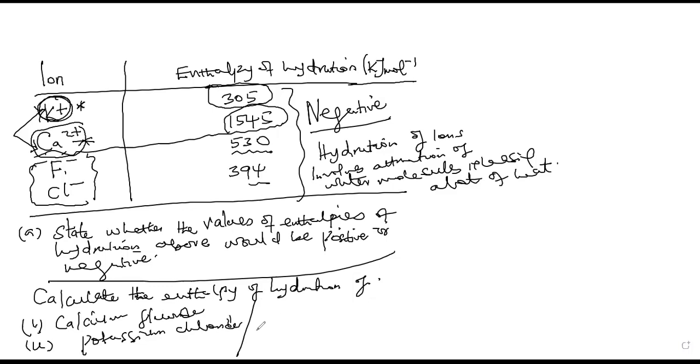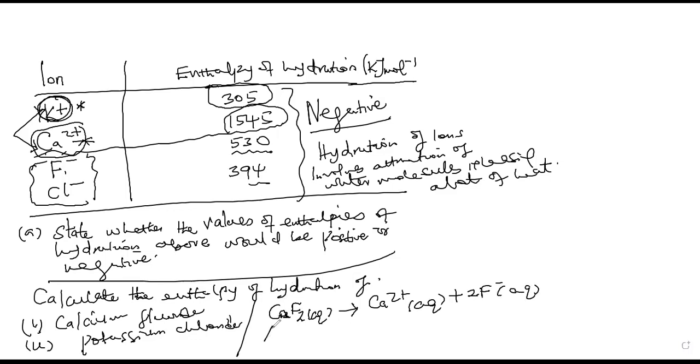To calculate for calcium fluoride, I'm going to be very brief because it is just a two-step thing. First, dissociate calcium fluoride. You can see that calcium fluoride gives us calcium ions and 2 fluoride ions.